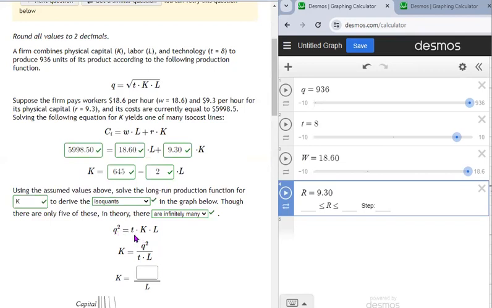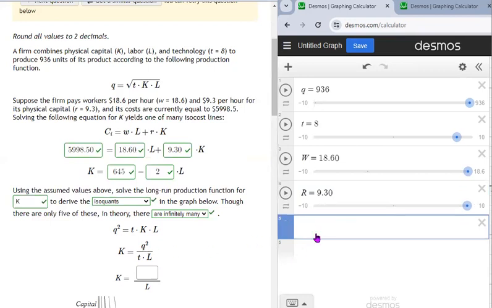And then I'm going to divide both sides by T and L, right? So we end up with Q squared divided by T, and then in the denominator, we're multiplying T by L, right? So we need to find out what the coefficient of 1 over L is, right? So we have to square Q.